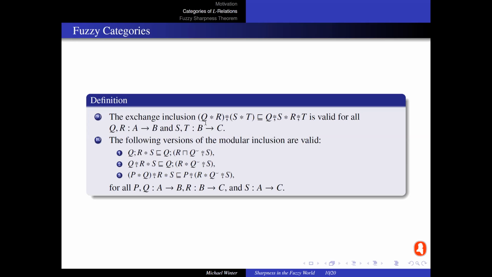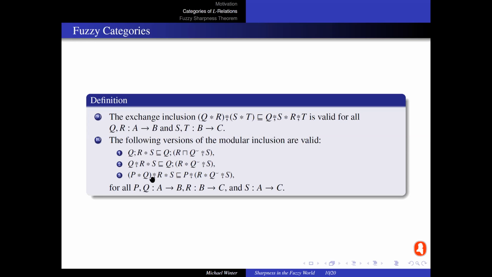And down here, you see three versions of the modular inclusion. Modular inclusion is treated over here by replacing some of those operations in the modular inclusion, composition and meet, by the corresponding star version. The general one, where everything has been replaced by stars, is not valid, except if you're splitting.